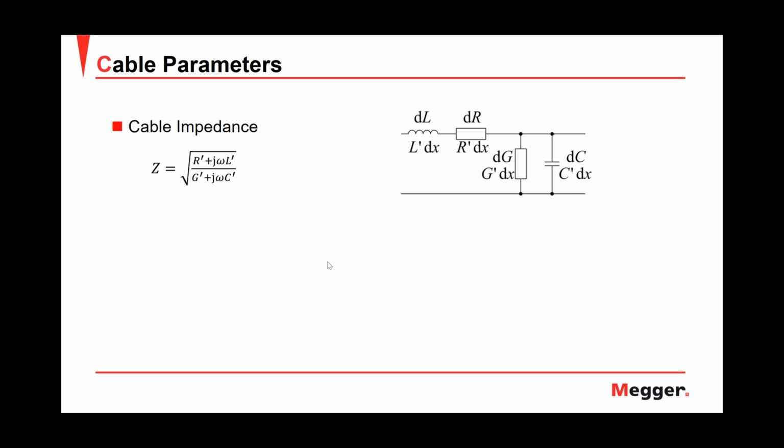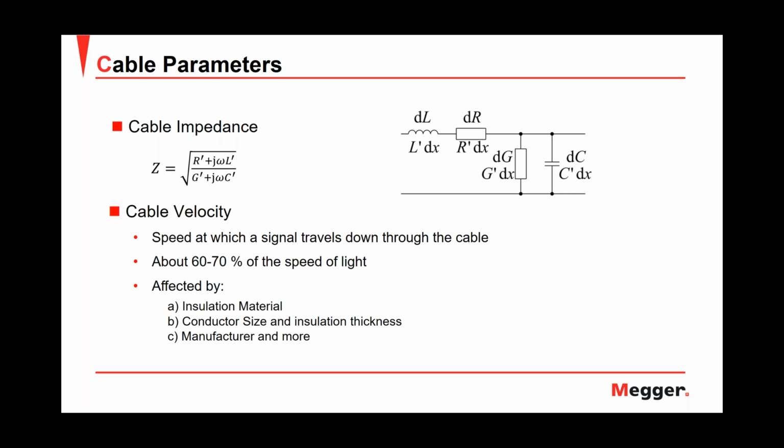The other important parameter is the cable velocity or the propagation velocity, which is the speed at which a signal travels down through the cable. In the case of fault location, the TDR will send low voltage pulses, and those pulses travel with the speed of light.